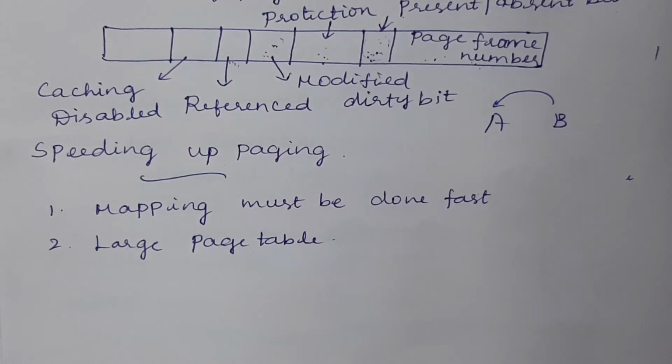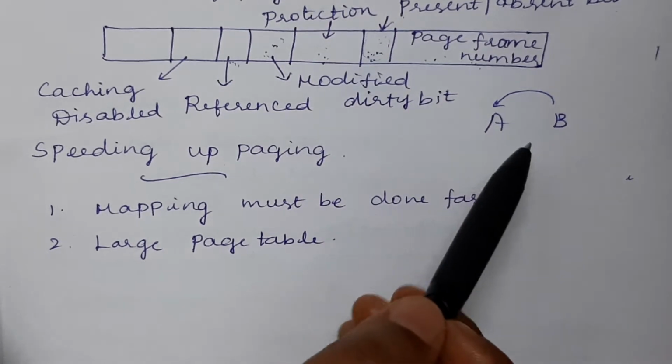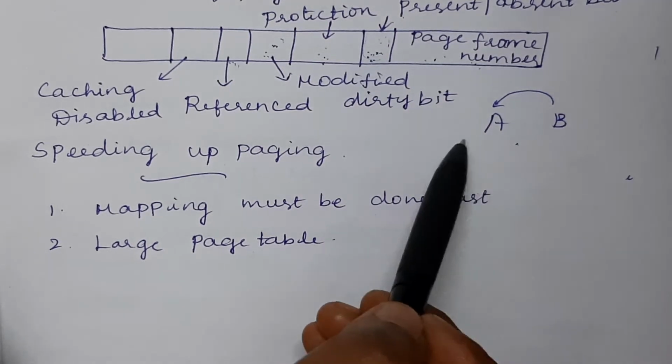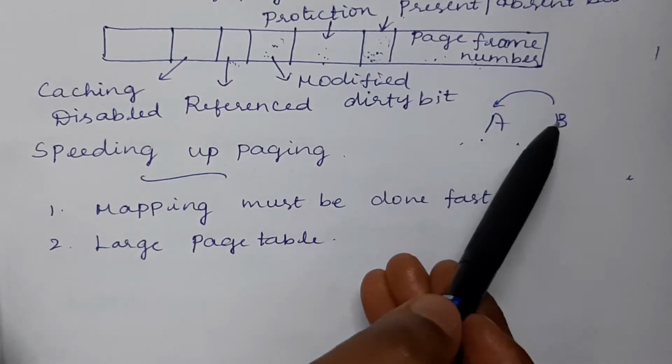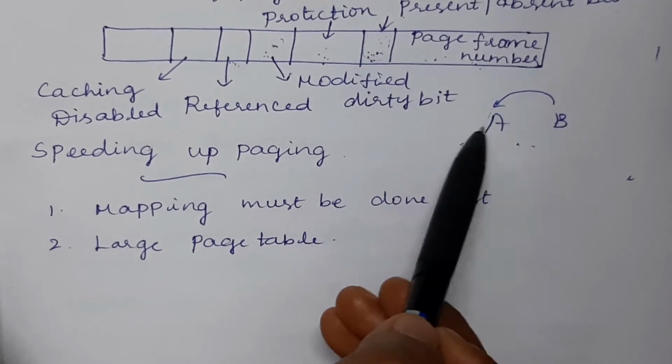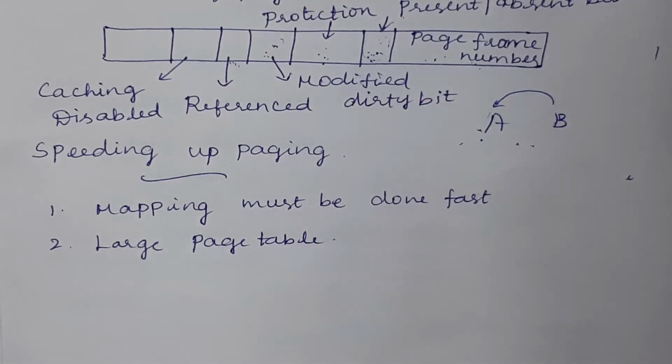But if you implement the concept of a page table, here there is no need of fetching from memory, because you are going to fetch the content only from these two registers, copying the content from register B to register A, so no need of getting into the memory. Even so, if you implement the concept of a page table, it has to search everything in the page table, and again from the page table it can access the content in the main memory.